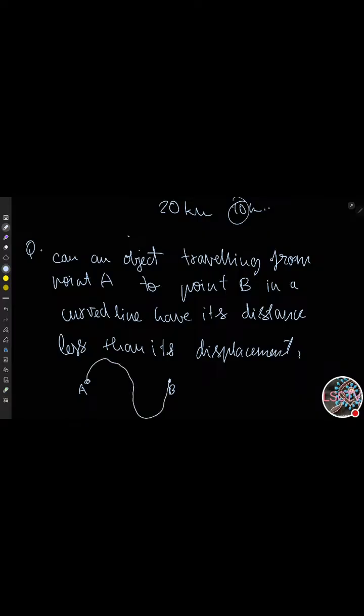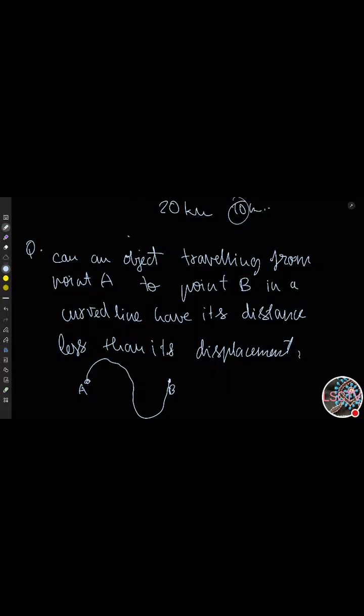Okay, can it have... hello, unit... it's not the new NCERT, it's the old NCERT, 9th grade motion, I believe unit 1.